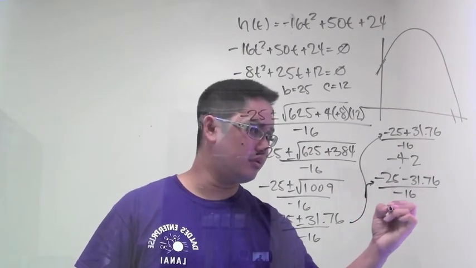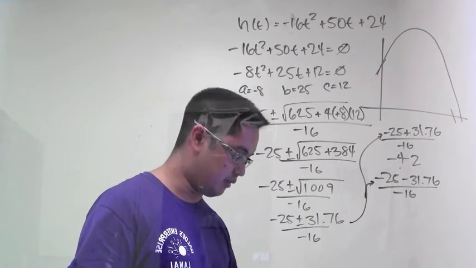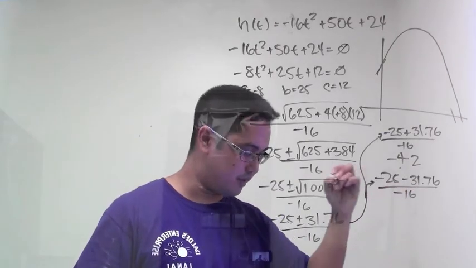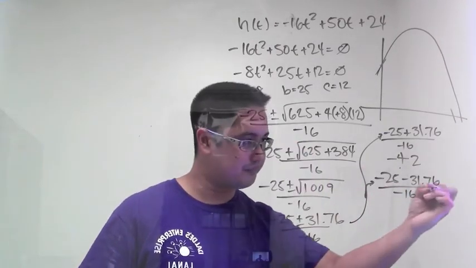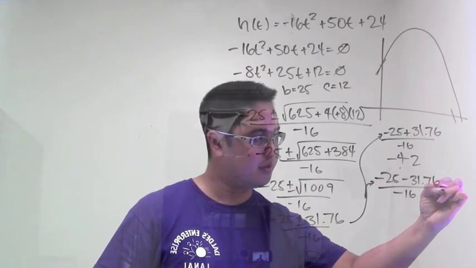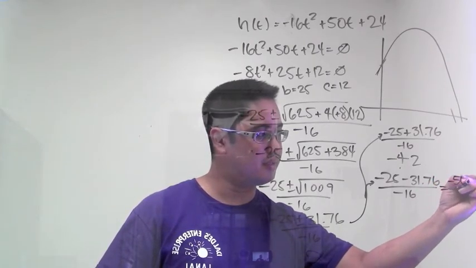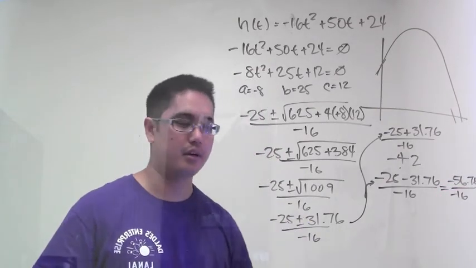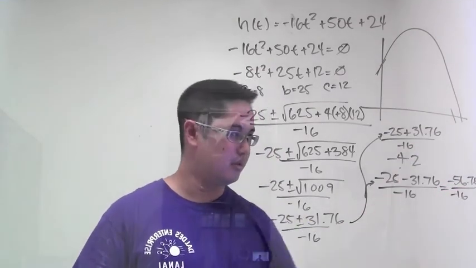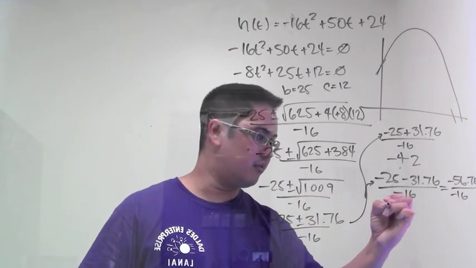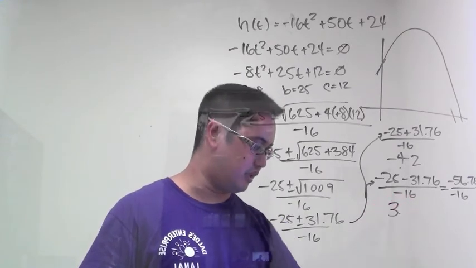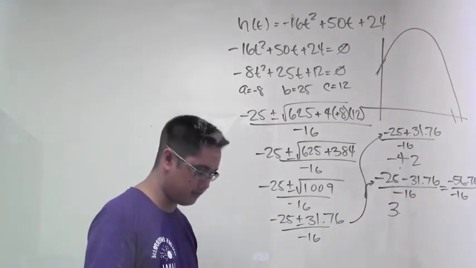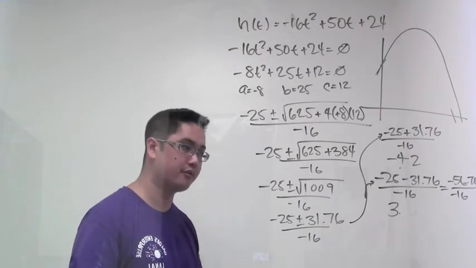That's equal to negative 56.76 divided by negative 16. Hopefully that didn't come off the area, or the camera right there. And that's going to give you positive 3.55, yeah.